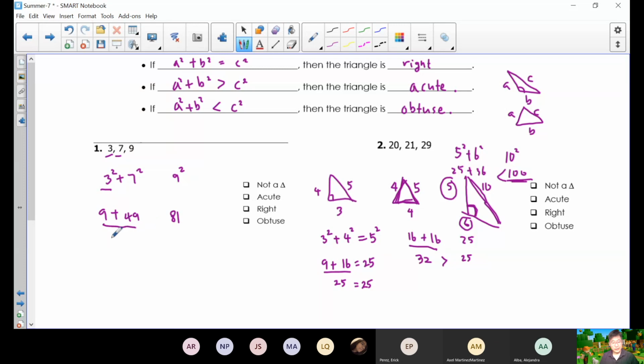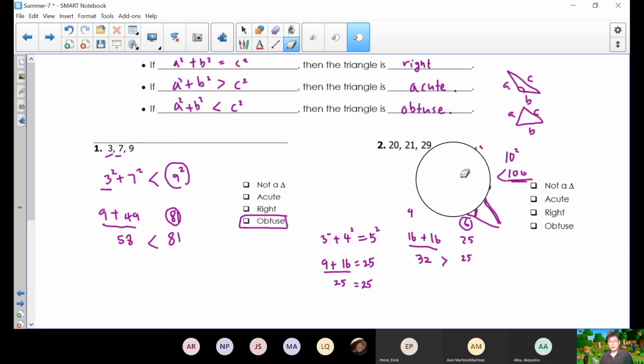So this put together is what? 58, right? It's less than 81. So it means the hypotenuse squared is greater than the legs squared, right? So in this case the answer is obtuse.